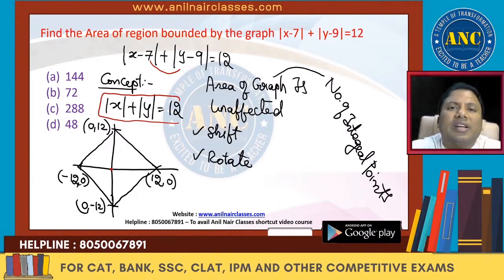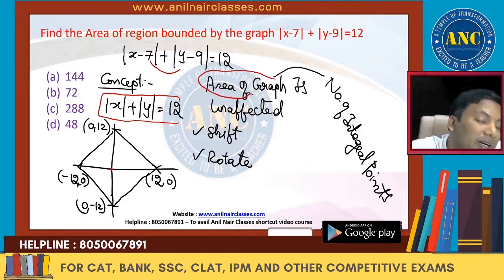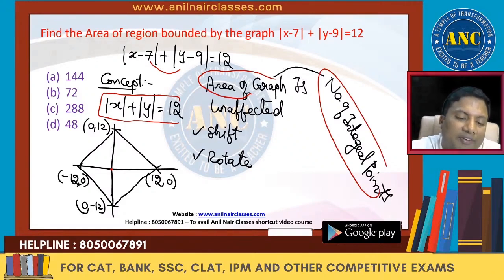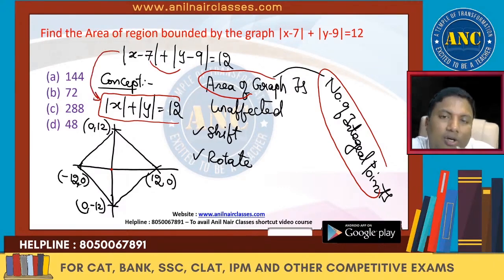This is something which we discussed in our school days. Area is unaffected if I shift the graph from one point to another, or rotate it. Area is unaffected, perimeter is unaffected, number of integral points are also unaffected. So the area of this graph is similar to this graph.